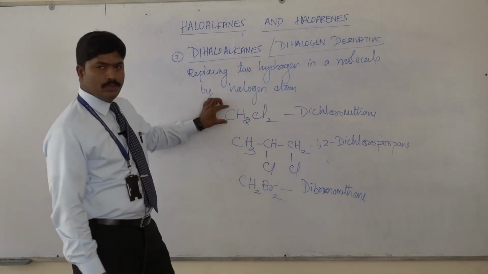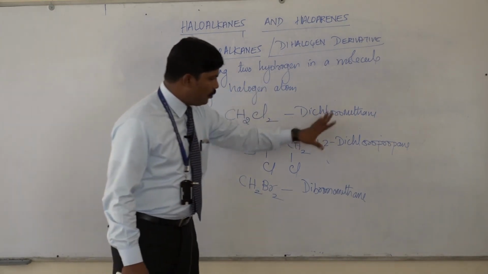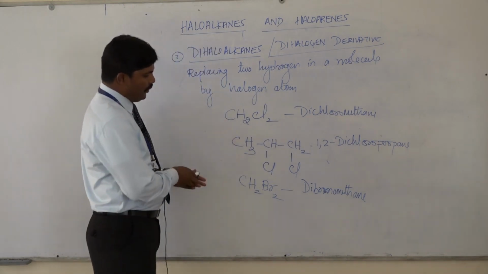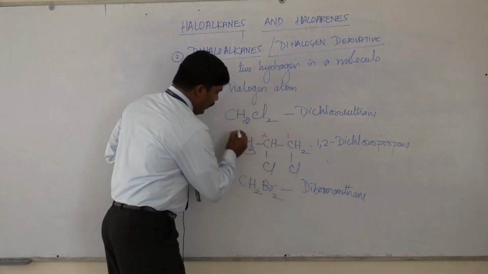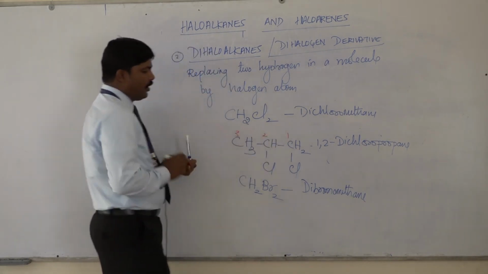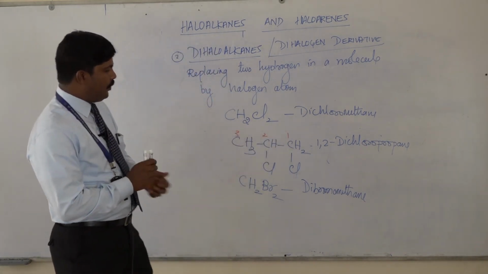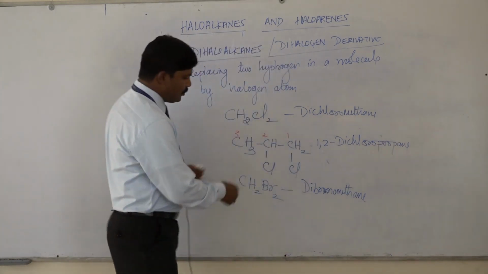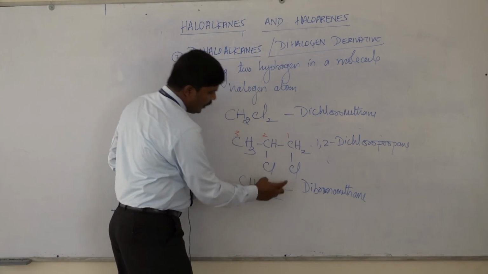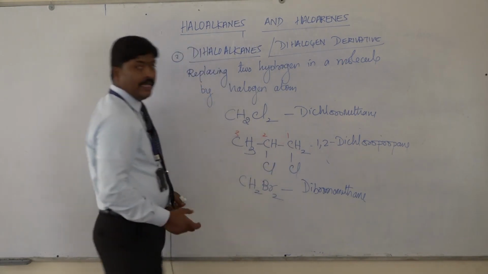Of course, CH2Cl2 is dichloromethane. If I write CH2ClCHClCH3 and count according to IUPAC nomenclature, 1, 2 and 3, the first and second carbon atoms have a halogen, therefore it is called 1,2-dichloropropane. In the whole molecule of propane, I have replaced two hydrogens by halogens.